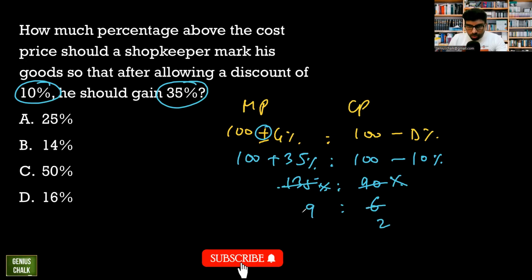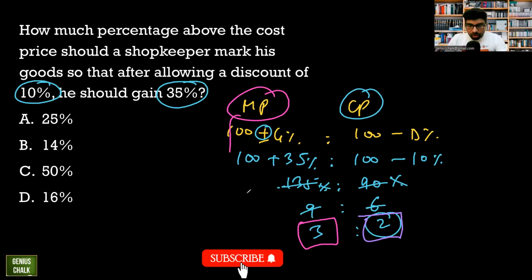So this is 2 and this is 3. If cost price is 2, then the mark price is 3. So the ratio of cost price to mark price is 2:3.